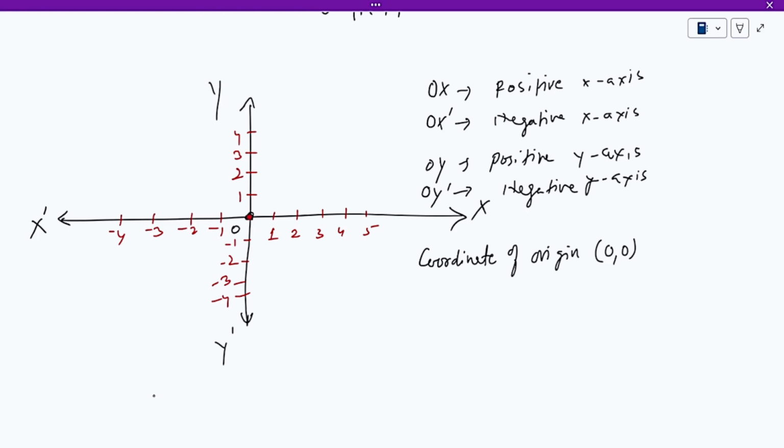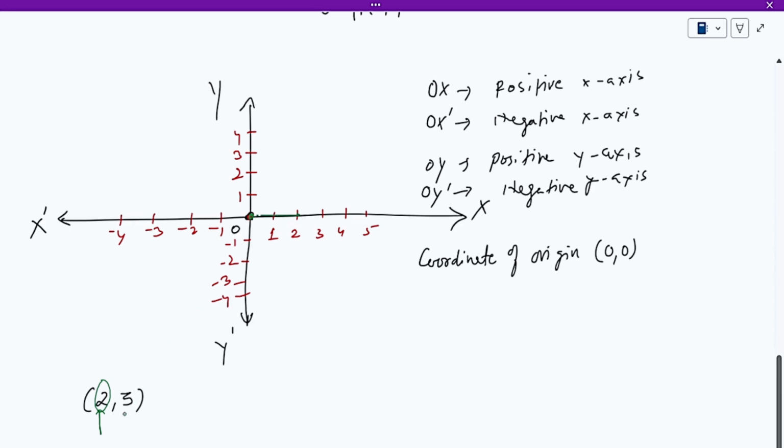If I'm asking what is the coordinate of the point 2, comma 3, what will we look at? First, this is the x coordinate, hence we have to move on the x-axis 2 units. So we start from the origin and move 2 units over here.